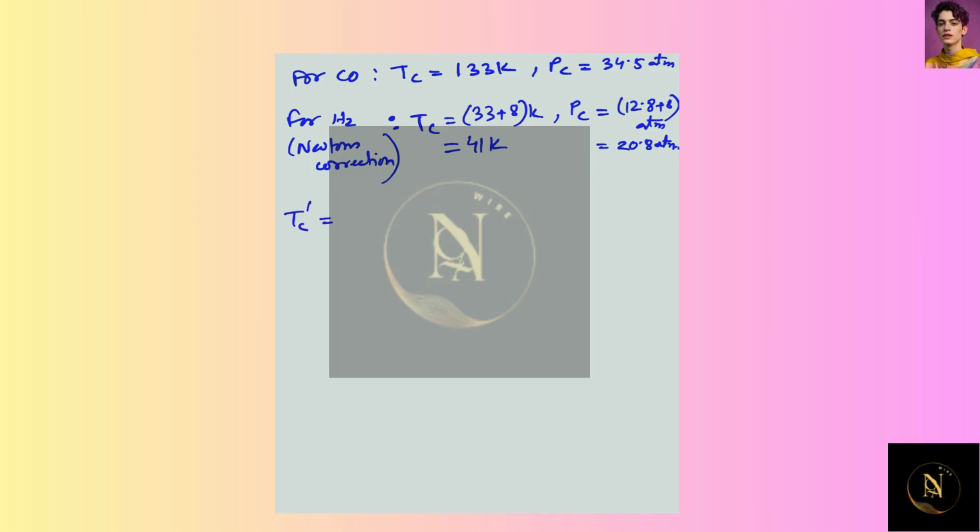Now, let us calculate the pseudo-critical temperature. The mole fraction for hydrogen is 2/3, and that for carbon monoxide is 1/3.